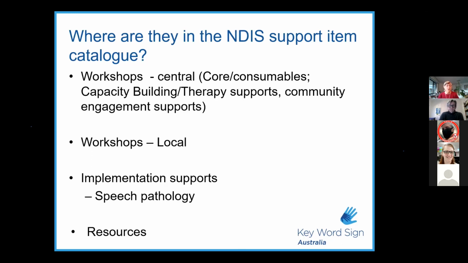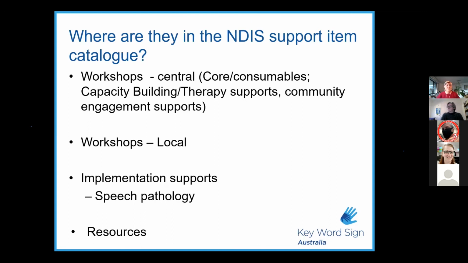So local workshops could come out of that new funding for individual social skills development, which could be for caregivers. Otherwise, it's from that capacity building, improved daily living bucket of funds.